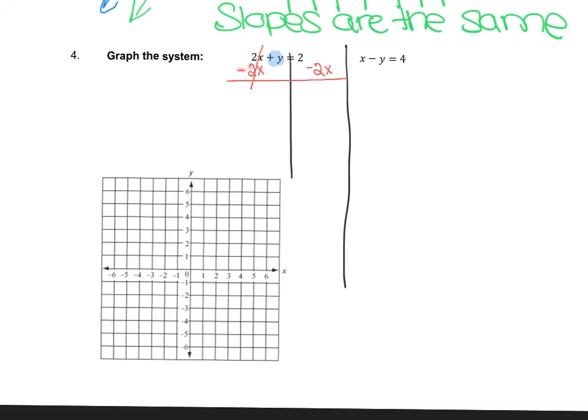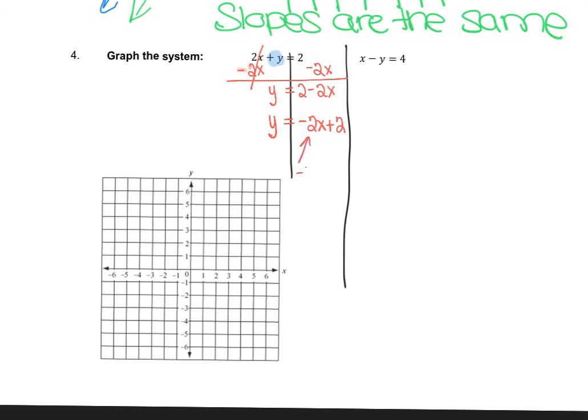It zeroes out on the left. We pull down our y. We get 2 minus 2x on the other side. We're loving it because y is already alone, but now they're just in the wrong order on the other side. We want y equals mx plus b. So now we just switch the order. So we have y equals negative 2x plus 2.